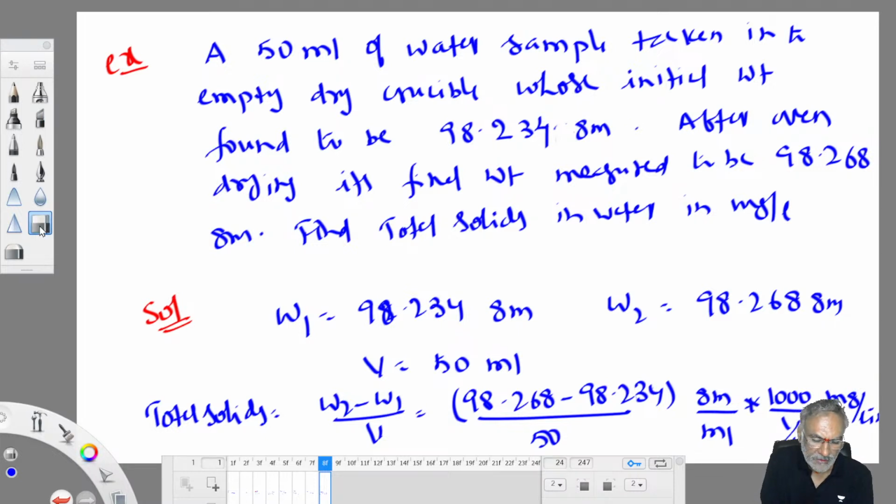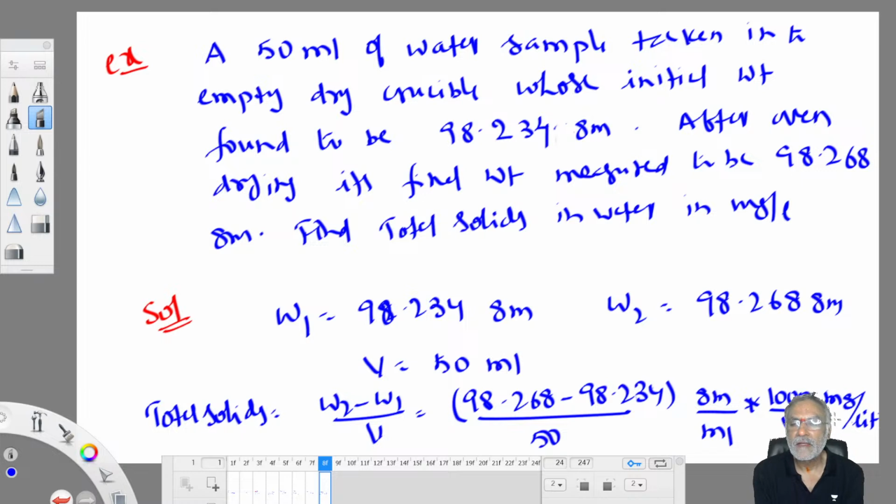No special class is required to know about units. Civil engineers are good at units. So you have to remember that.